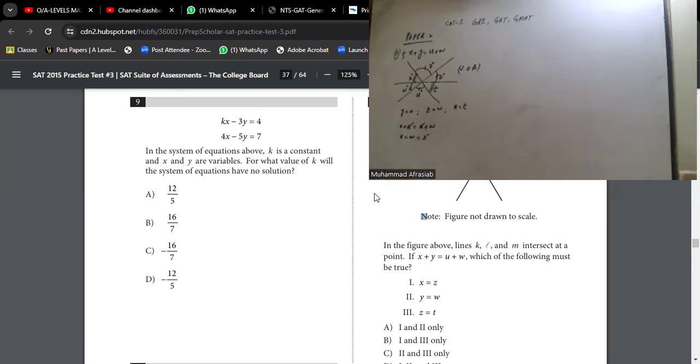The other information we can get it from this part. If we replace y as this, but x value is there equal to t, plus y is equal to u, that is equal to y plus w is equal to z.